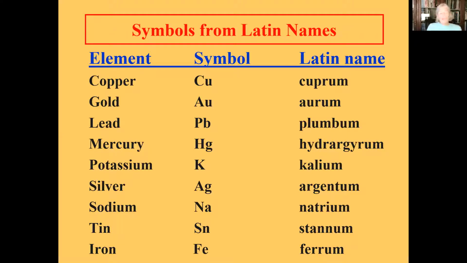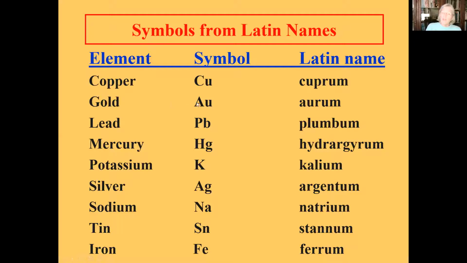If these elements were named by their Latin names and those Latin names have stuck for 200 years, it must mean that these are some of the earliest discovered elements. So I point out to you, not to be tested on the Latin name, but I point out to you the Latin name so that the symbol makes sense.